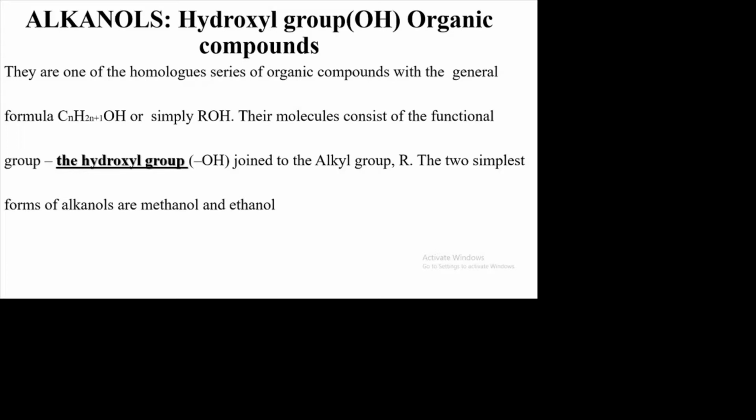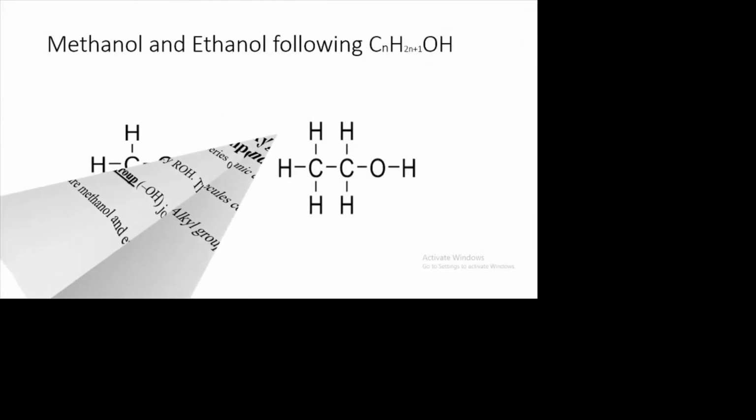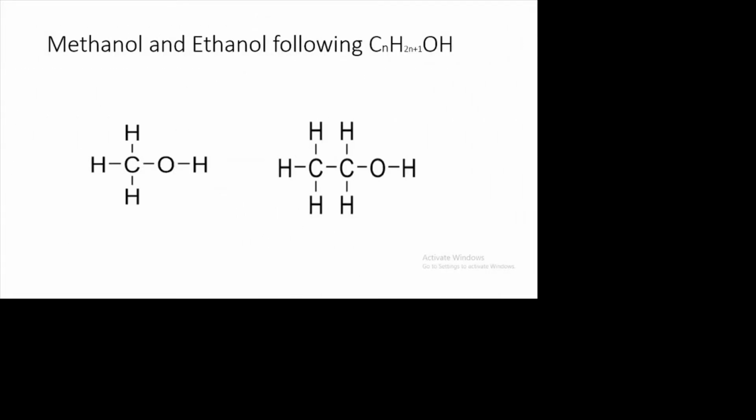OH is joined to the alkyl group, and the two simplest forms of alkanols are methanol and ethanol. Example is methanol and ethanol.